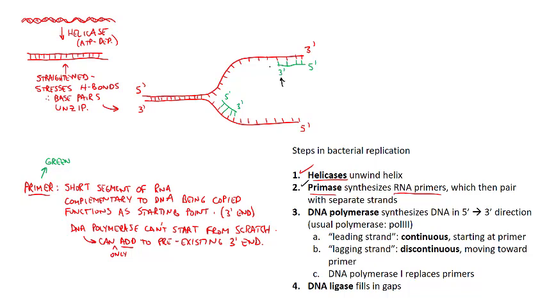So in other words, it's going to lay down deoxynucleotide triphosphates, and they assemble on the strand that's being copied by complementary base pairing. And so the 5' end of this new DNA is going to be synthesized, the 3' end is there. And the DNA polymerase works in that direction. That's what I mean by 5' to 3' direction on the strand that's being made.